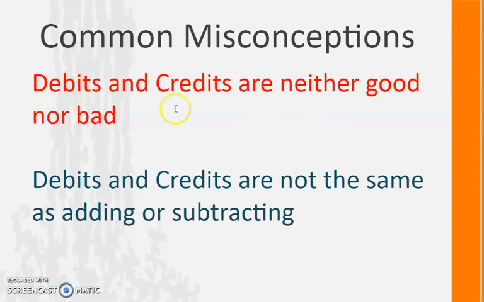So the sooner you can get out of your head that one's good or one's bad, which is not true, or that one means adding and one means subtracting, which is also not true, the better you will be able to understand this concept.